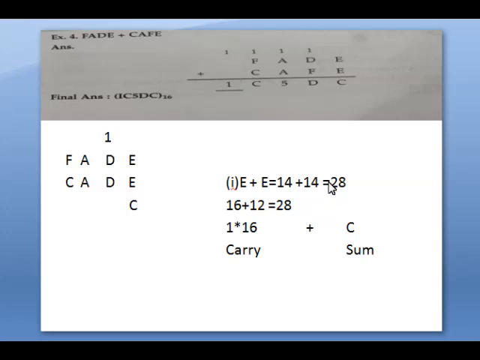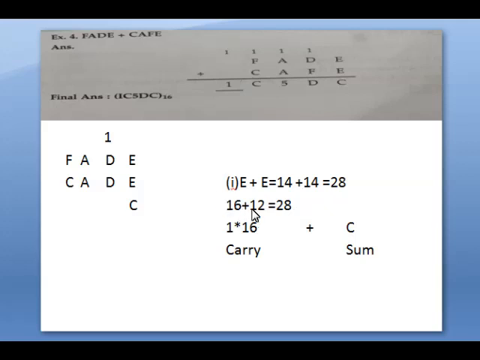So we are going to split this number. The first number will be 16. It is a must to divide the numbers in the 16th order. So the first number is 16, and 16 plus 12 is 28. The first number, the 16, is the carry one and the second one is the sum.